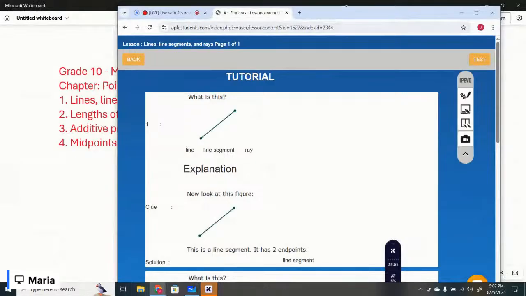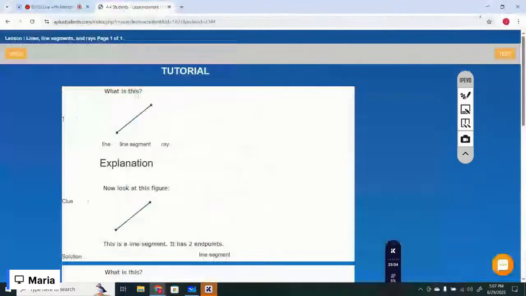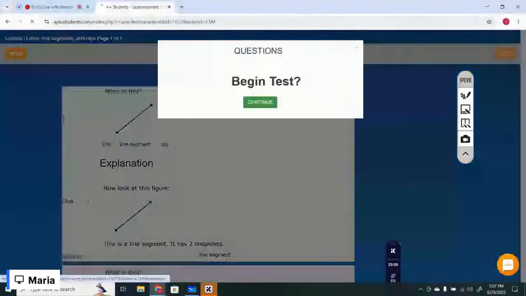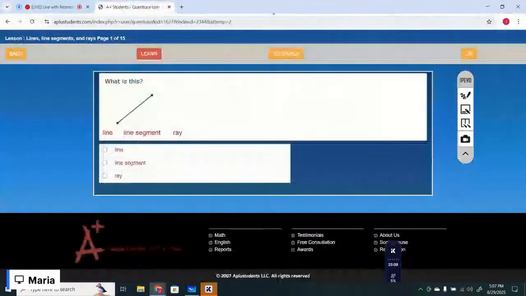Let's just start with the test questions. What is this line, line segment, and ray? That is a line segment. Option number 2 is the correct option.